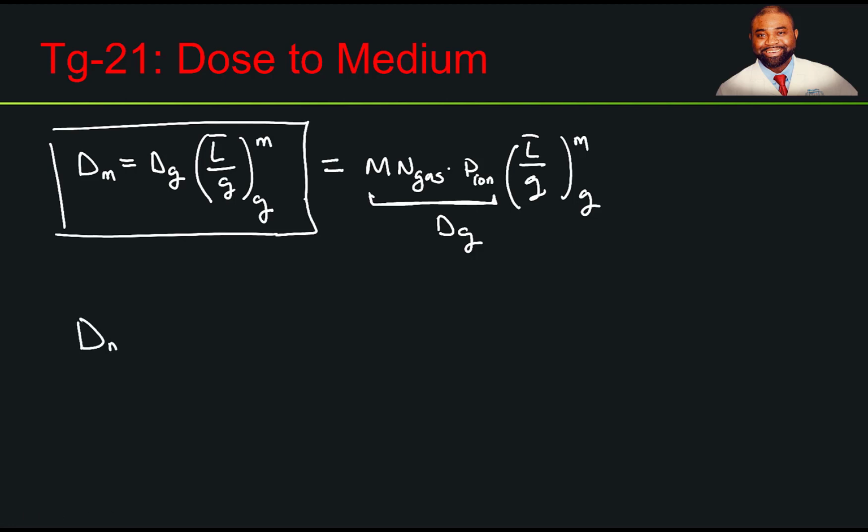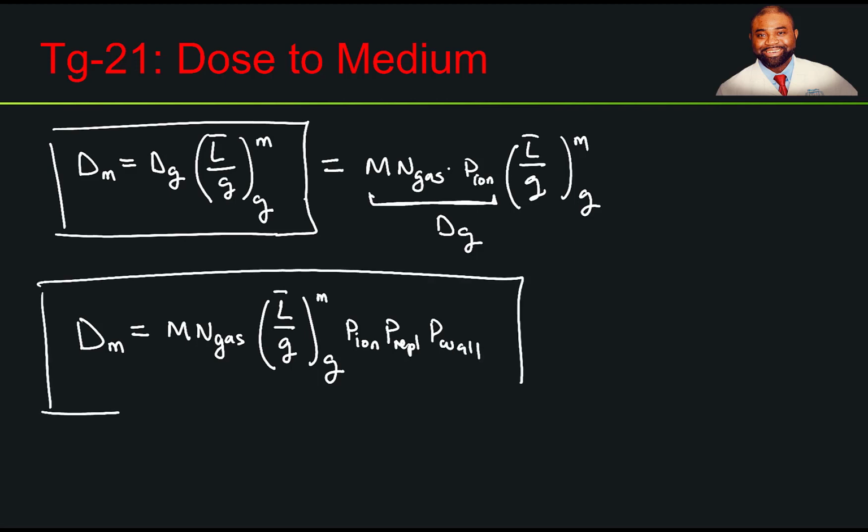So the actual dose measured will be equal to the corrected electrometer reading multiplied by N gas multiplied by the average restricted mass collision stopping power multiplied by P ion, which accounts for the inefficiency in the charge collection within the sensitive volume, multiplied by P replacement, as well as P wall.